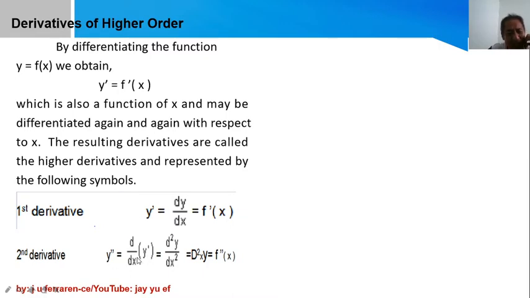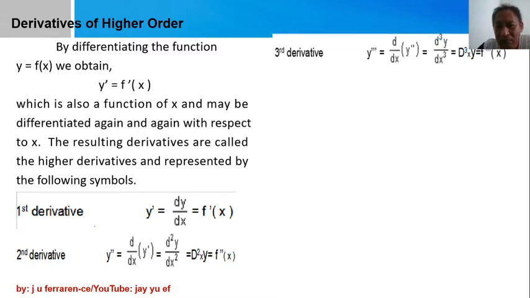If in the second derivative I am differentiating my first derivative, I am taking the rate of change of my first derivative. And if my first derivative is a slope, that means I am taking the rate of change of the slope under the second derivative of the function. Further, I can have the third derivative by differentiating my second, so I am taking the rate of change of my second derivative for my third derivative.